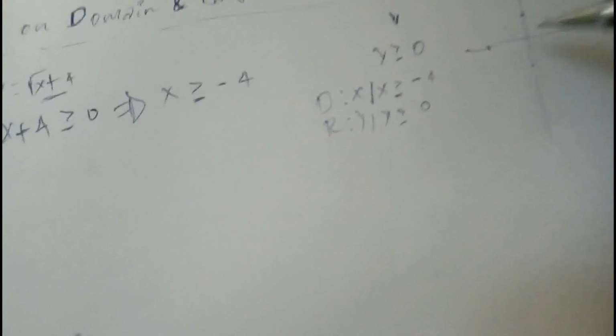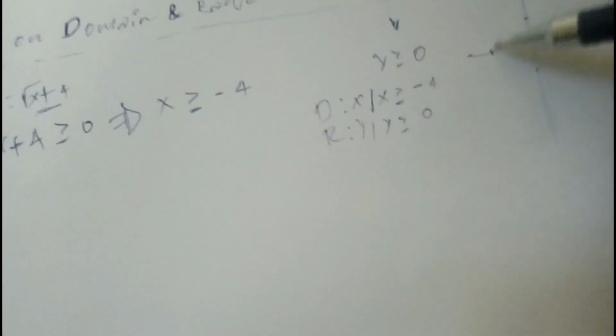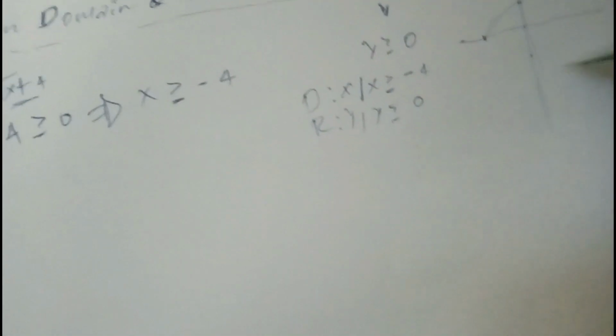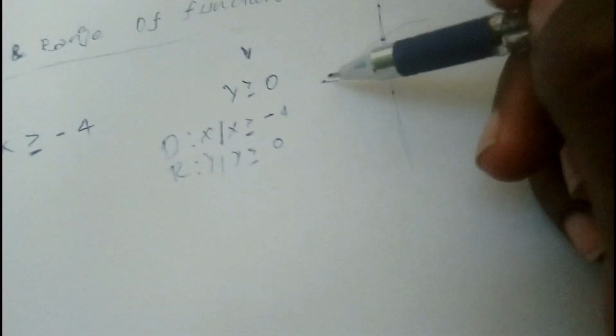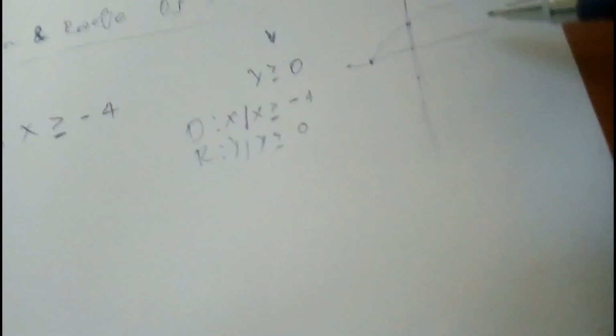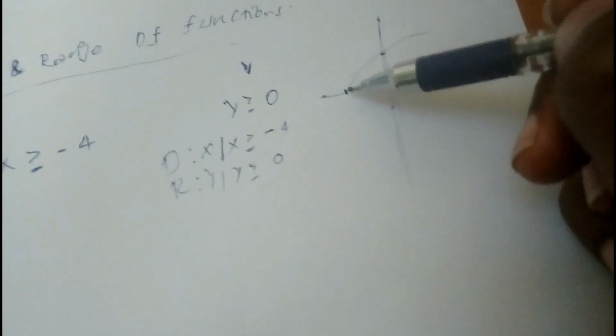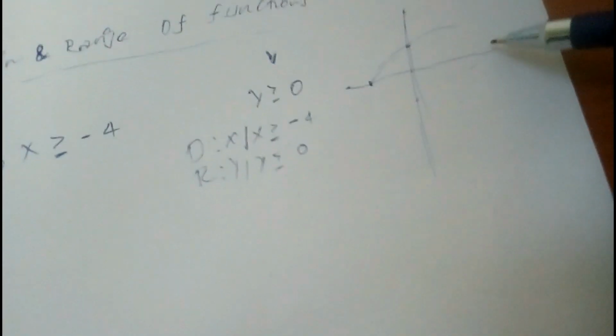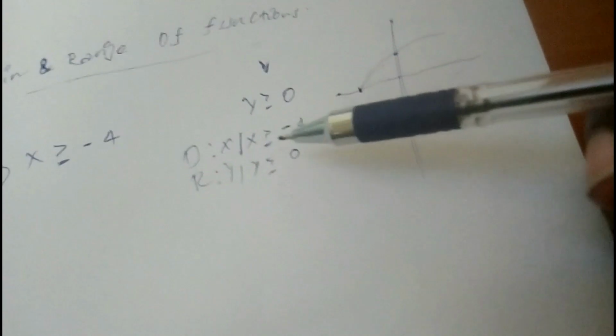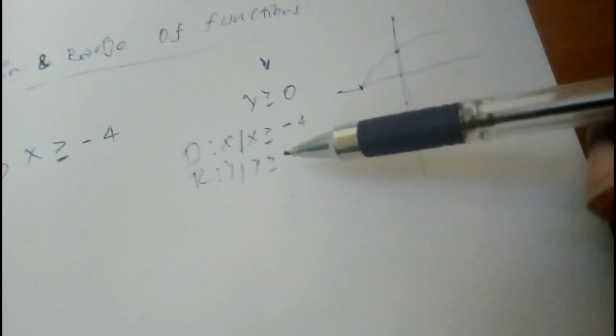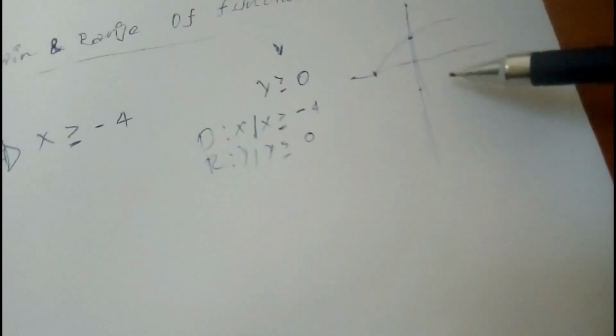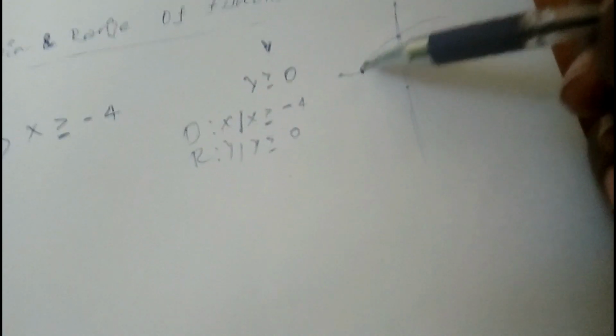So the graph will look like this, and the under part will look like this. But we can't draw the under part, the second way, because our range limits us. The range is y greater than or equal to 0. If we draw this graph, y will be less than 0 between negative 2 and 0. So our graph is just only here.